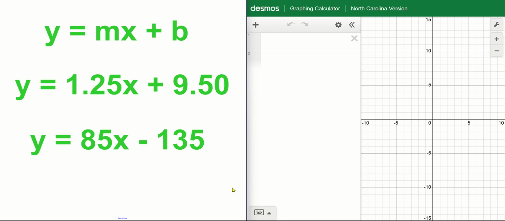All right, last one there. Y equals 85x minus 135. Give me slope and y-intercept. Greg?